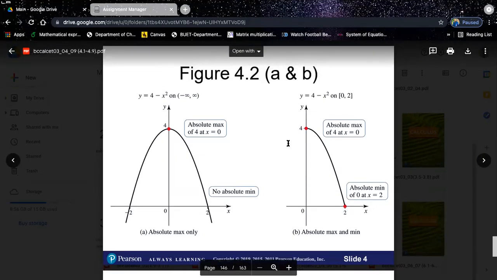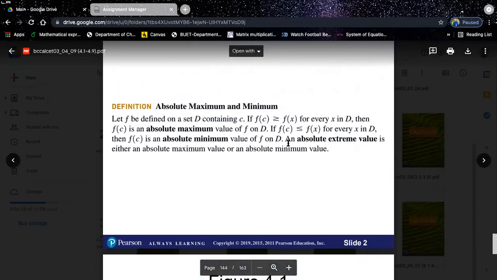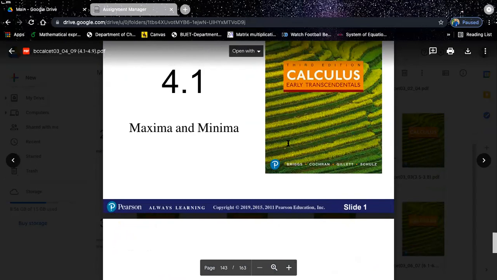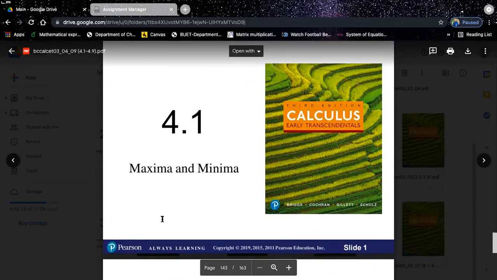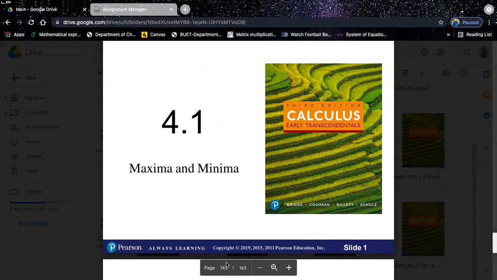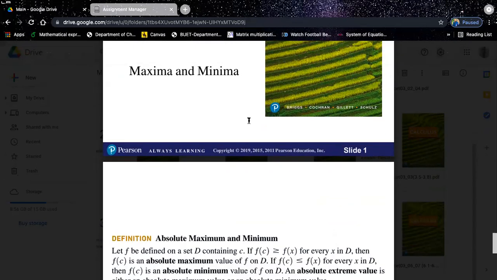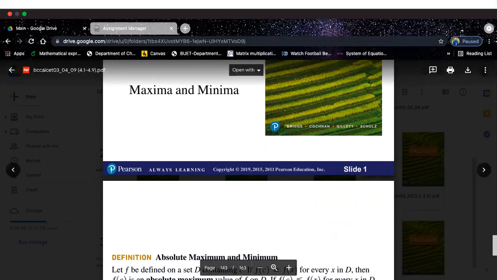So when we meet next time on Wednesday, after the exam, I want you to just go over this slide 4.1. It starts from page 143, okay? Just go over this slide and just briefly see if you can generate a question from this. Okay. All right.